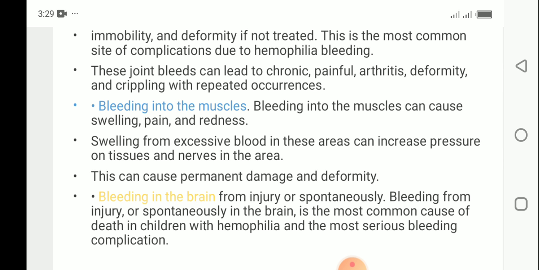Coming to the next one, bleeding in the brain. This may be caused by injury or may be spontaneous sometimes. Bleeding in the brain, from injury or spontaneous, is the most common cause of death in children with hemophilia, the most serious bleeding complication.